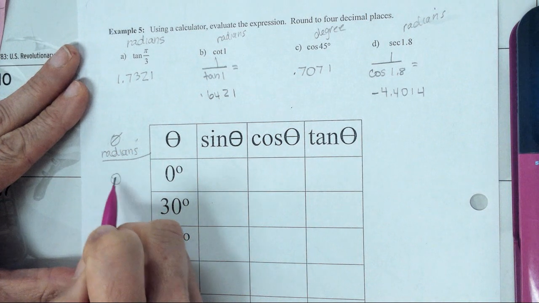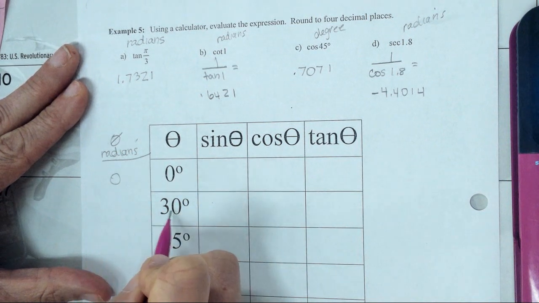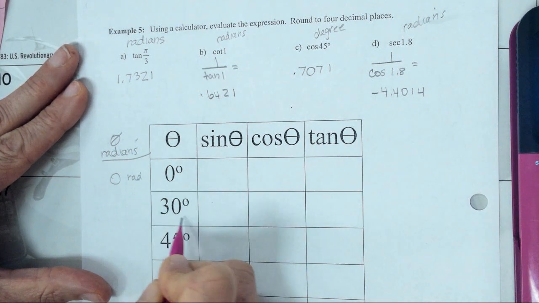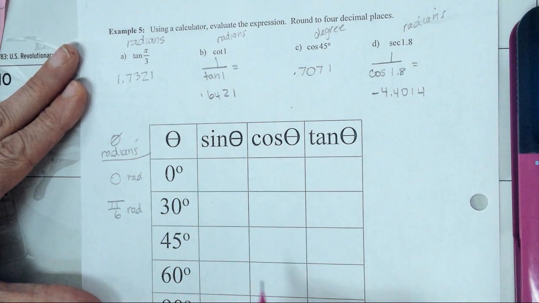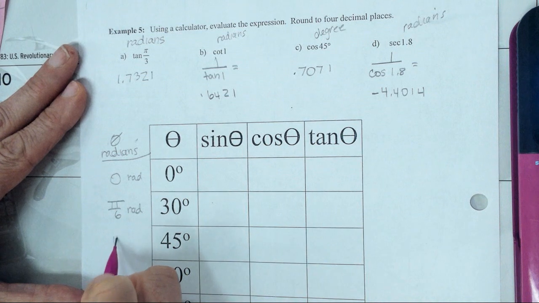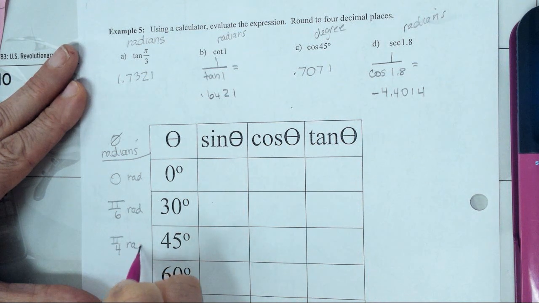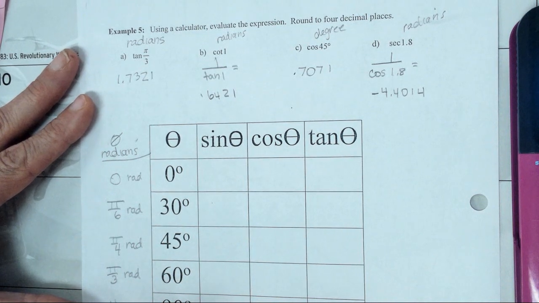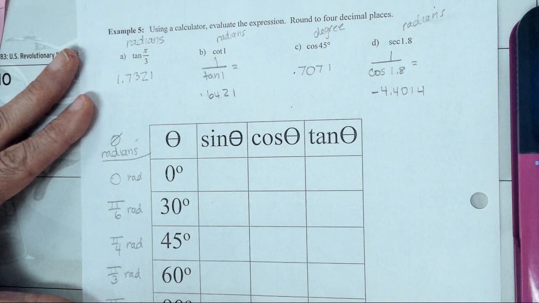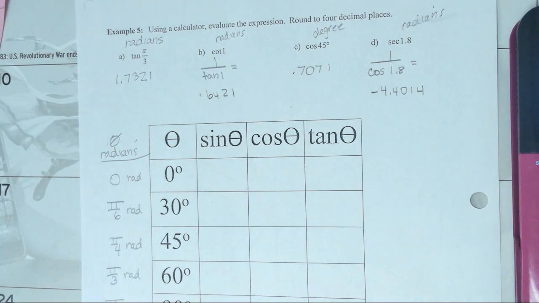Zero would still be 0 radians. 30 degrees is pi over 6 radians. 45 is pi over 4 radians. 60 is pi over 3 radians. And 90 is pi over 2 radians. So you can fill in that chart, and we'll talk about that on Monday.